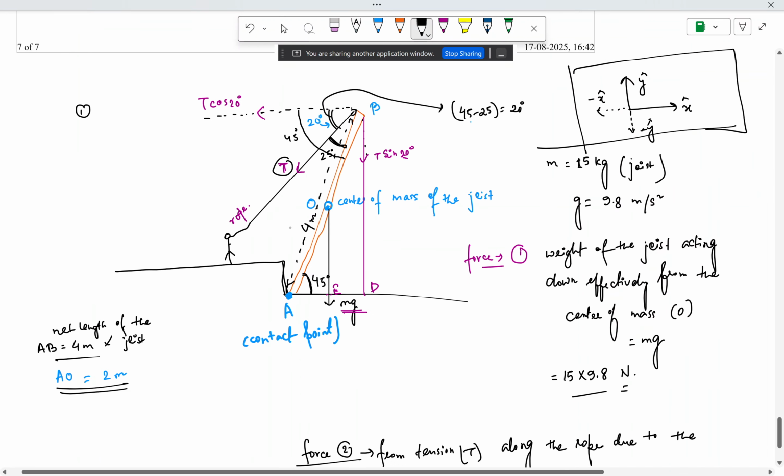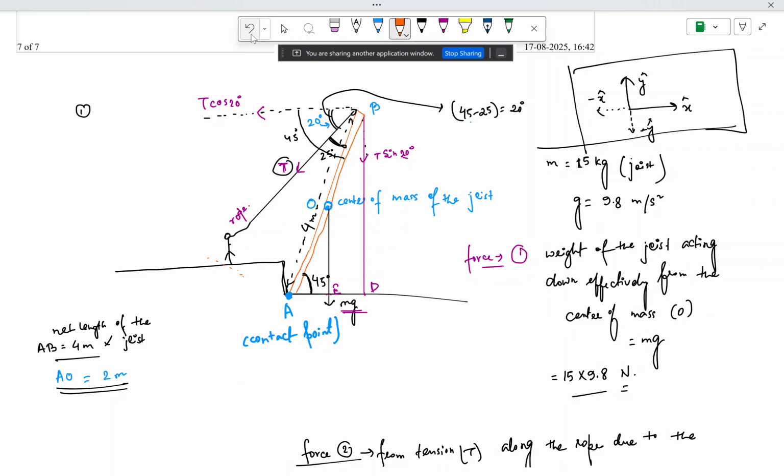Now, we can draw this contact force. How should it look? So maybe I will use this color for the contact force. Whenever there is a contact of the body with the ground, the contact force will always be acting perpendicular to the point where it touches the ground. So let me draw more clearly.